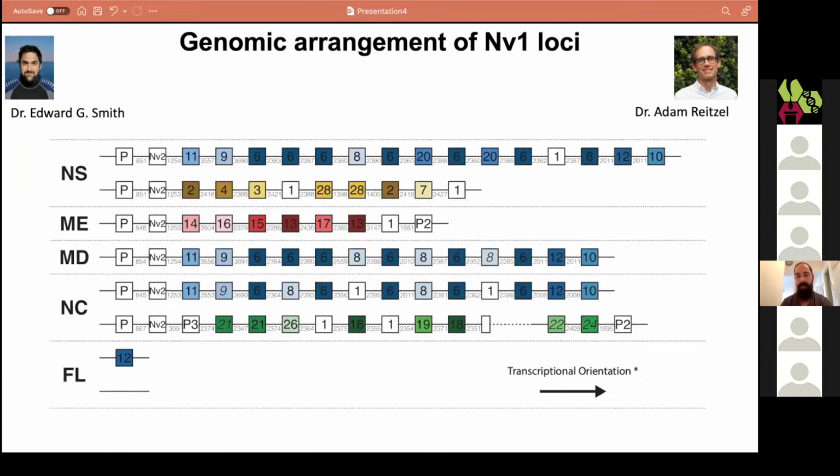To confirm this, we performed long-read sequencing for 4 different populations. In addition, there's the lab strain from Maryland. And this data perfectly corroborated the amplicon sequencing data, further supporting that certain paralogs of NV1 have exclusivity to a given haplotype.